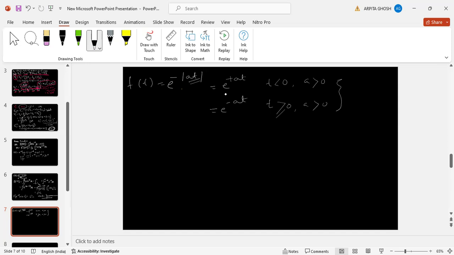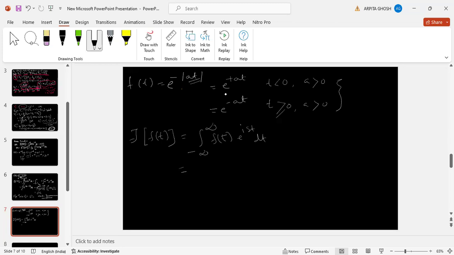Now we are going to find the Fourier transform of this function. Fourier transform of f(t), by definition, is the integral from minus infinity to plus infinity of f(t) into e to the power i omega t dt.